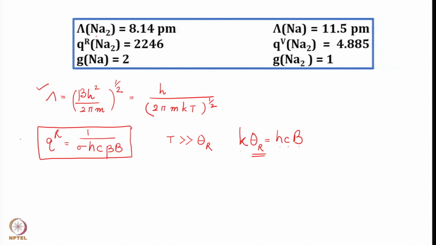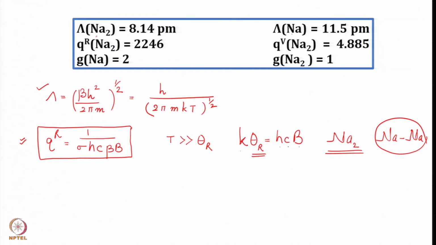So I am justified now to use this expression QR is equal to 1 over sigma hc beta B. We are dealing with Na2, let us say. First we will talk about Na2. A rotation by 180 degree leaves the molecule in an indistinguishable state.